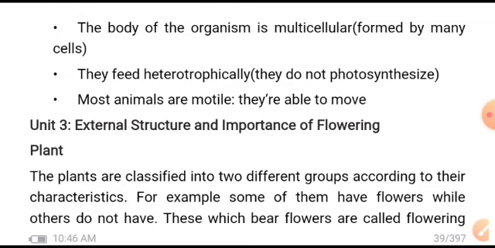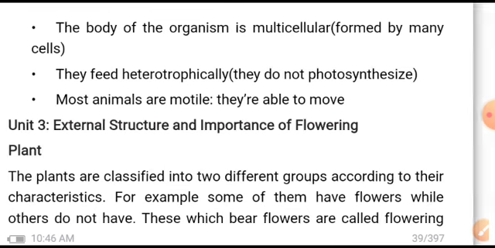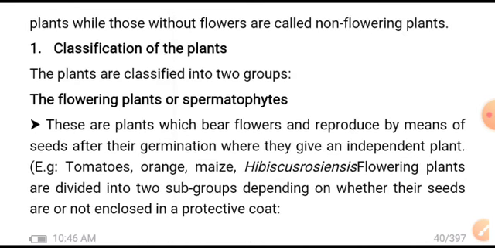Those which bear flowers are called what? Flowering plants. While those without flowers are called what? Non-flowering plants. So plants are classified into two groups according to the presence or absence of flowers, where we have the flowering plants and the non-flowering plants. Non-flowering plants do not have flowers, and flowering plants have flowers.